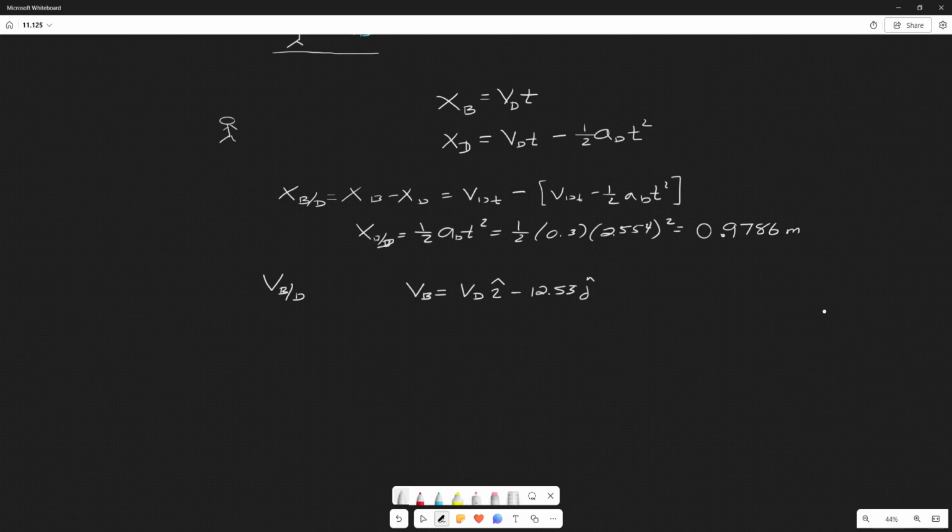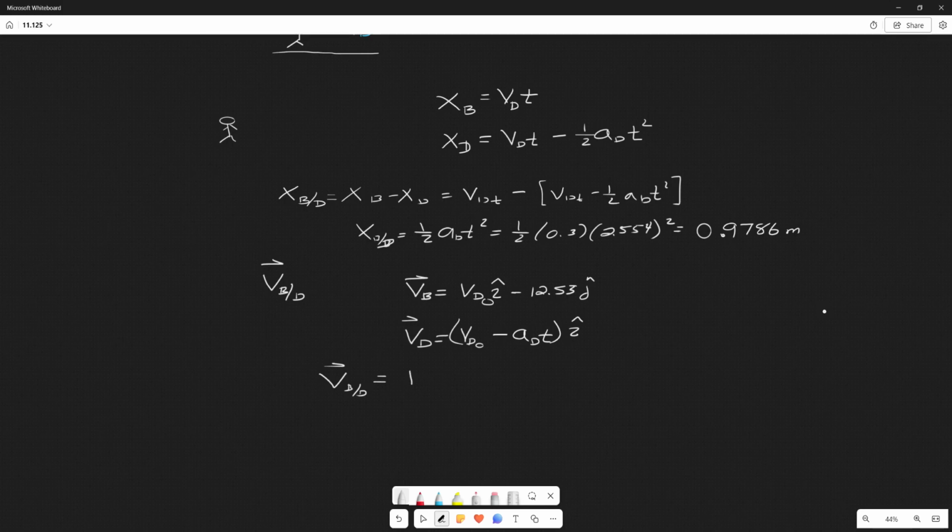Now the velocity of the deck as a function of time is that initial velocity of the deck, let's call this vd0, minus the deceleration of the deck times however much time has gone by, and this is all times i hat because the velocity of the deck is in the i direction. These are all vector quantities. So now we can find v sub b slash d.